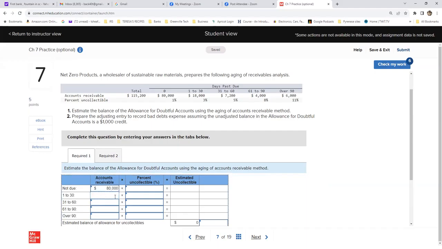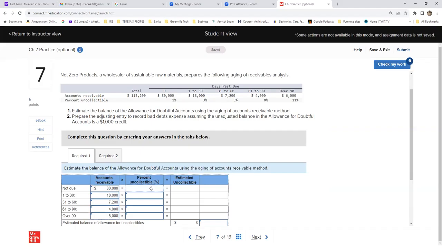Round to 30 is 18,000. And 31 to 60 is 7,200. Next one's 4,000. And finally, over 90 is $6,000. Pretty straightforward as far as answering that first one.